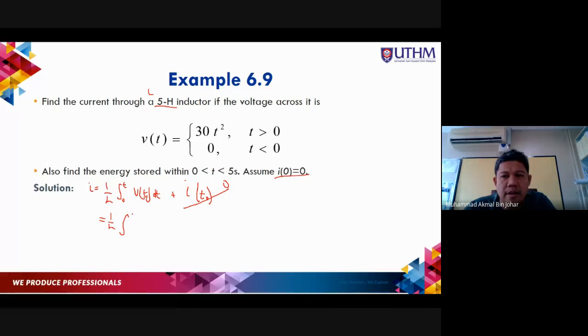Now you can put down 1 over L, integral from 0 to t. What is our v(t)? Our v(t) is 30 t squared, right? So we have 30 t squared. Oh, I'm struggling to write down using my mouse here.